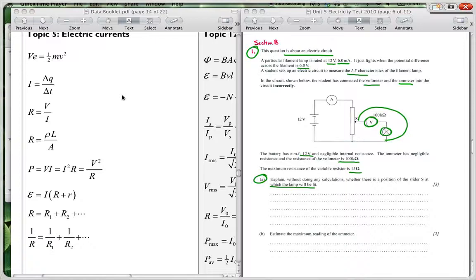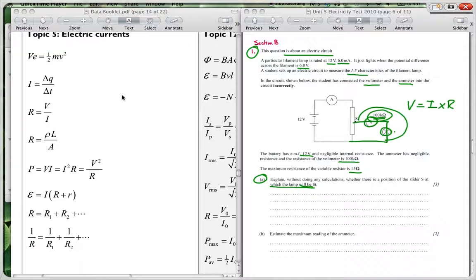Now, because V is equal to I times R, whatever the current, because this is so much greater than that, the vast majority of any potential difference in this section will be across the 100 kilo ohms, and so therefore the lamp will not be lit. Well, I hope you can write that down. If you need any further help on that, please come and see me.